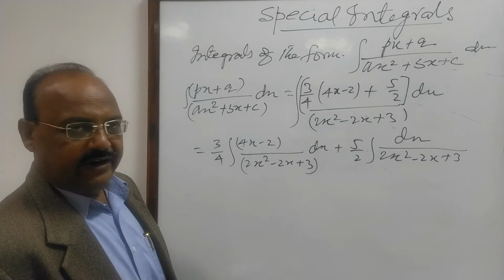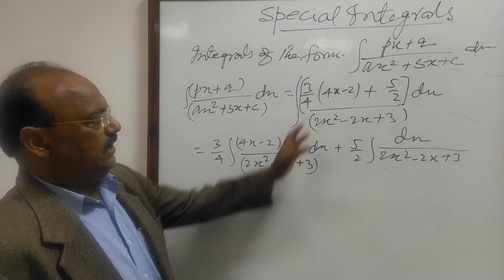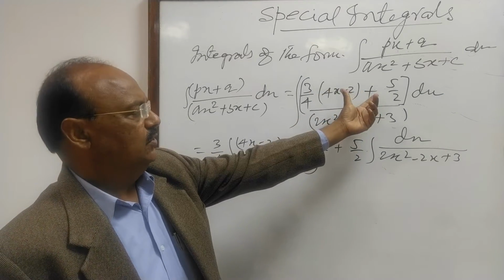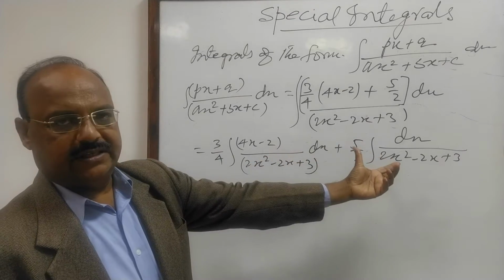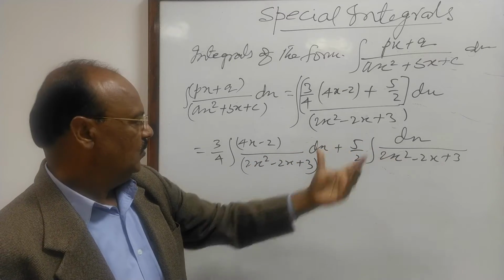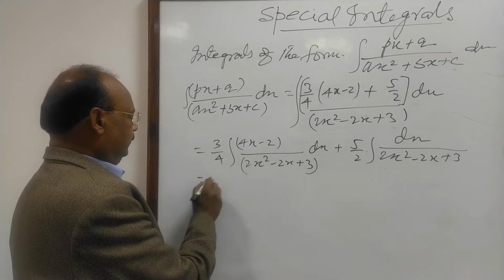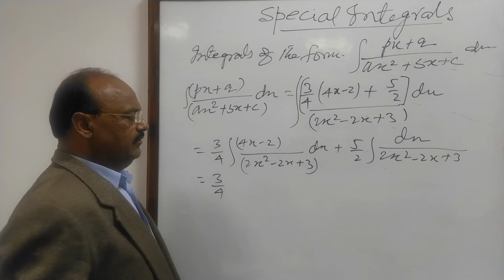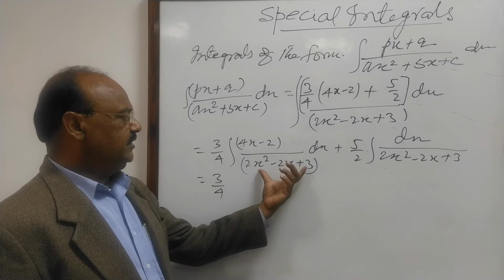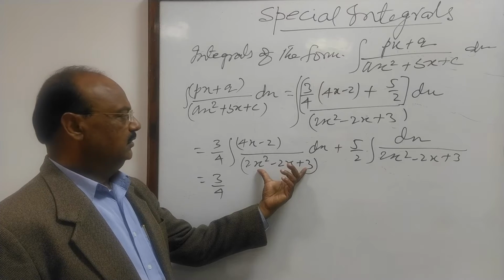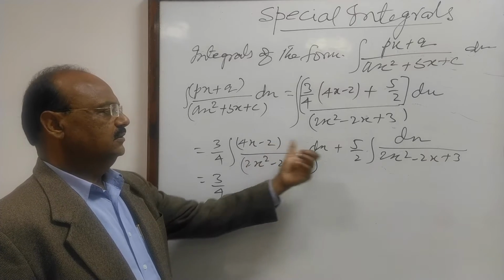I hope you have understood it, because in the numerator there are two terms, so we are getting the sum of two integrals here. Okay, now let us proceed. First term, 3 by 4. If you suppose this much is t, then this is dt.